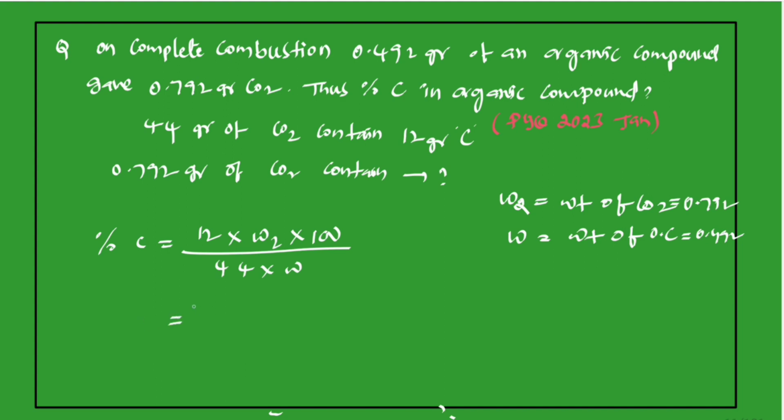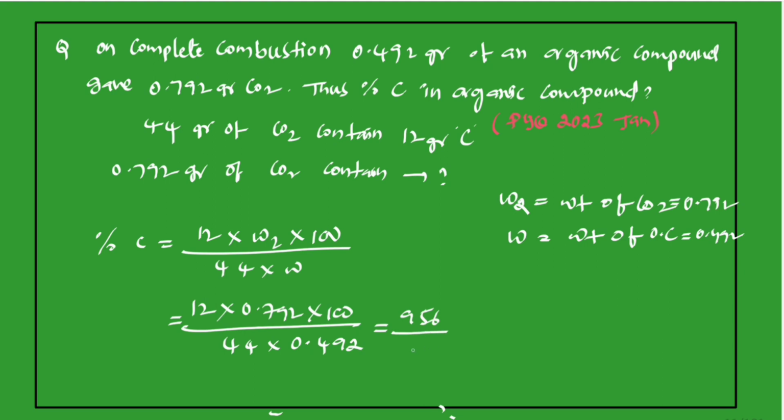So percentage of carbon is 12 into W2, which is 0.792, into 100 upon 44 into W, the weight of the organic compound, which is 0.492. Here it becomes 956 by 21.64.